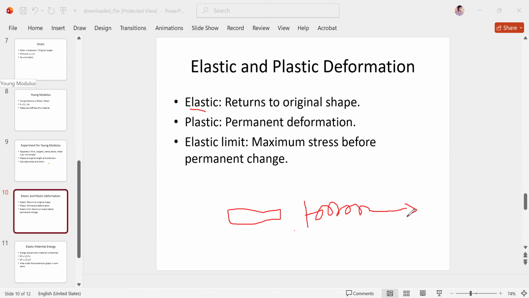Then after removal of the applied force, it comes back to its original position.